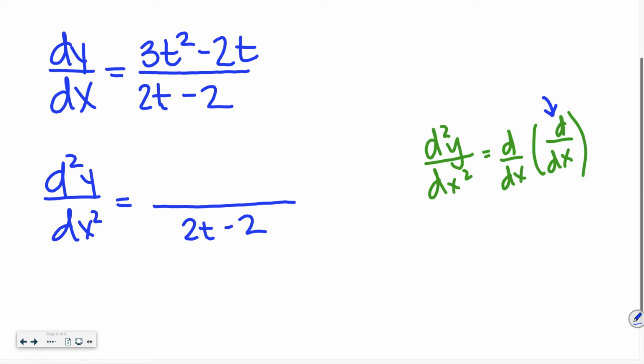Let's just do it. Yeah, I'm just gonna take your word for it, Miss Sumner. I'm confused. Okay. So let's get through this one. Quotient rule.